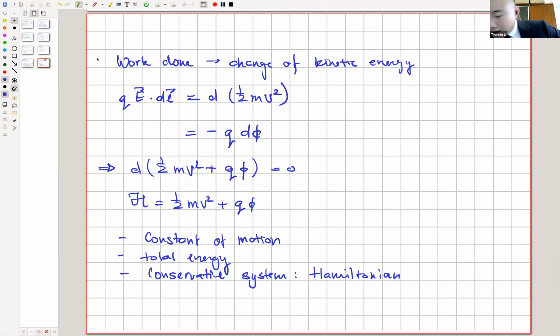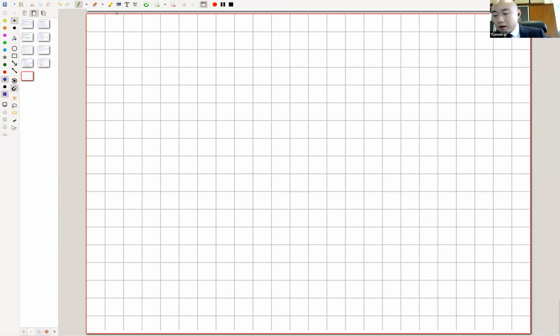Okay, now let's consider the following thing. So let me quickly just work for the electrostatic case. Now let's move on and actually consider fully the electric field, because we've so far only used one equation, that is that the curl of E equals 0.